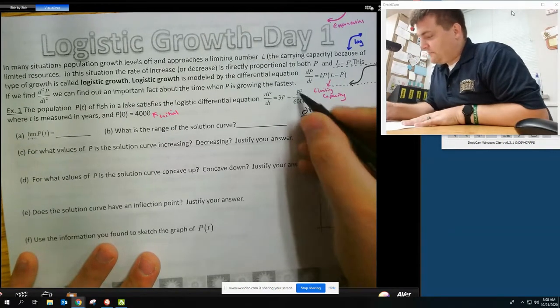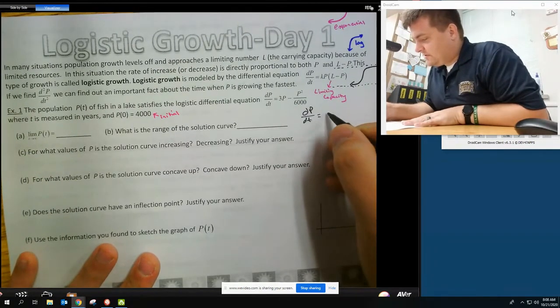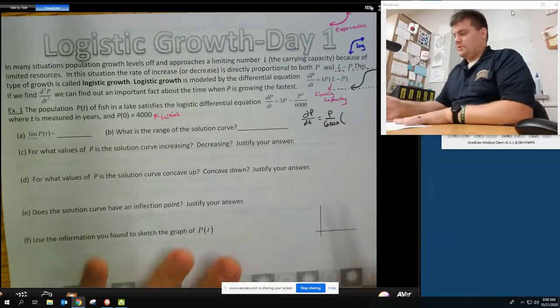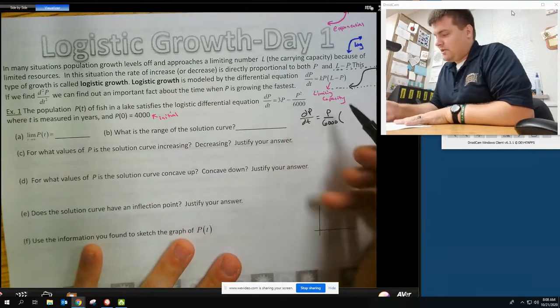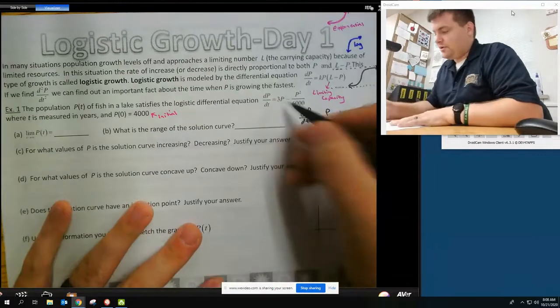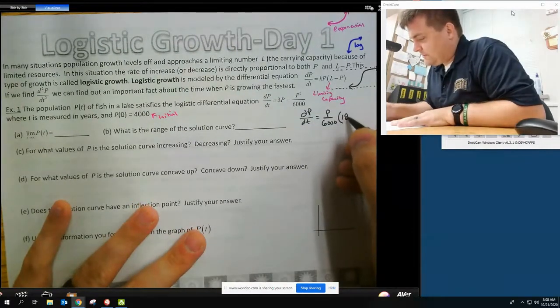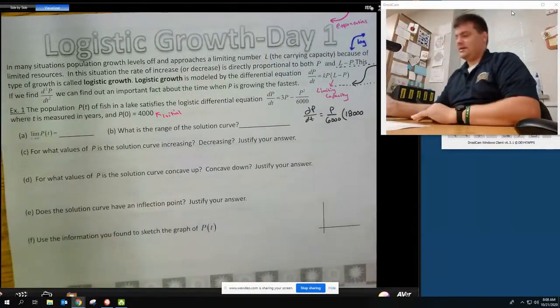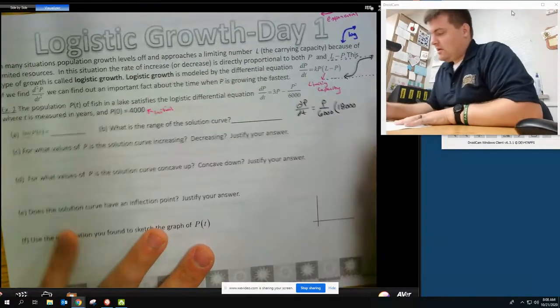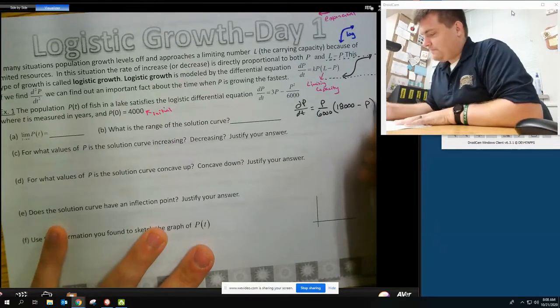That's going to give me P of the first one, and since I'm dividing out 6,000, the opposite operation would be multiplying, so this becomes 18,000. And if you don't believe me, just distribute it, and you will actually get 3P minus P.